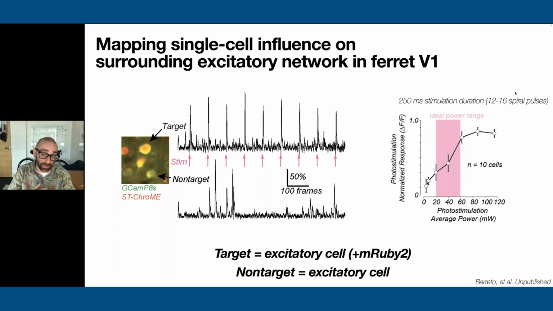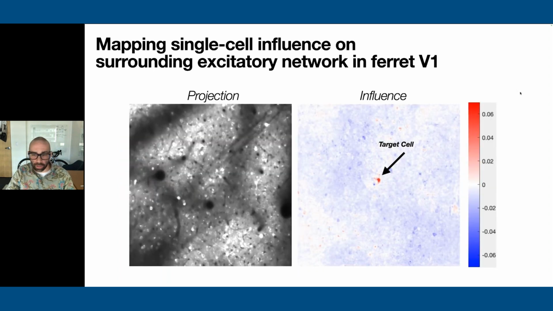So we measure these power response curves and look for a regime in which we are activating the cell, but not saturating it, because once we're saturating, we're basically just hammering the cell and putting extra power into the system needlessly, because we're not going to get any more bang for our buck. So we try to find this ideal stimulation regime, and this is for a single cell. This was with the spiral scanning system. It's about between 20 and 40 milliwatts average power. We've actually got these numbers down quite a bit now with dialing in the SLM and using a couple of new indicators. Here's just an example cell. On the left is a projection of the average activity within this field of view.